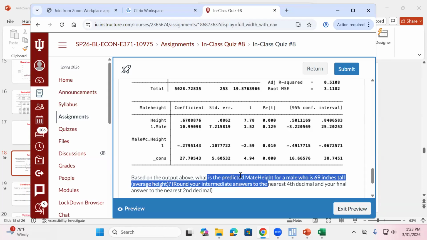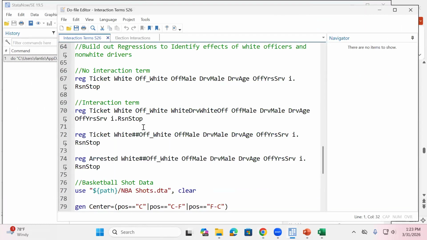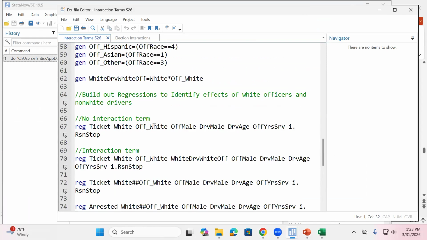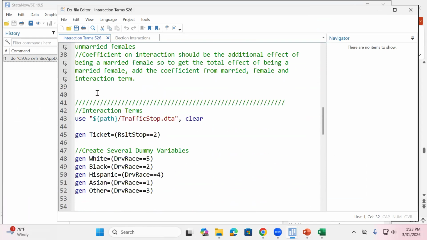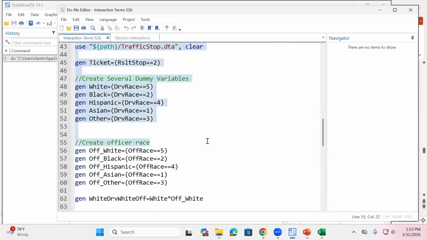So let's look at how we do this in Stata. Before we move on to continuous interactions, I think last class we were going here. We had this traffic stop data, so I'm going to reopen that. We had a bunch of variables that we created.